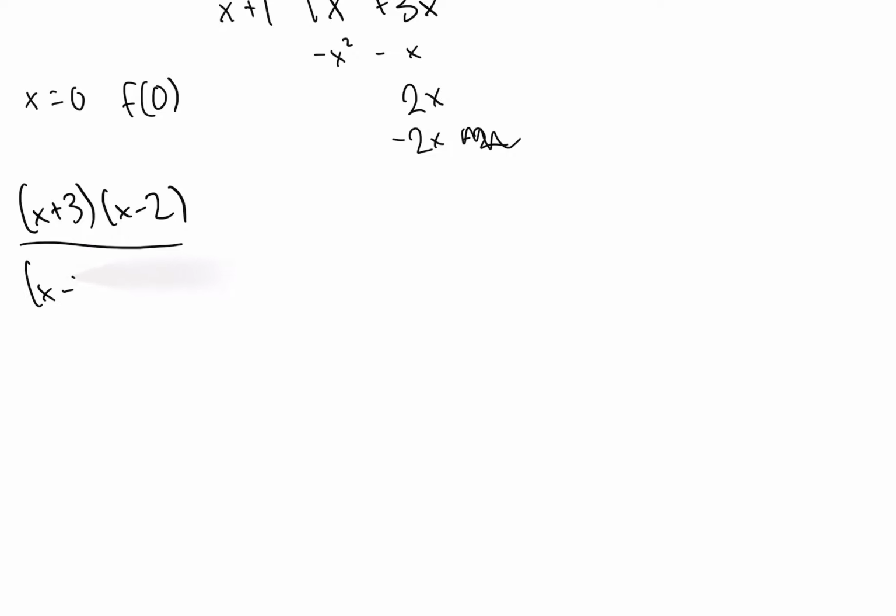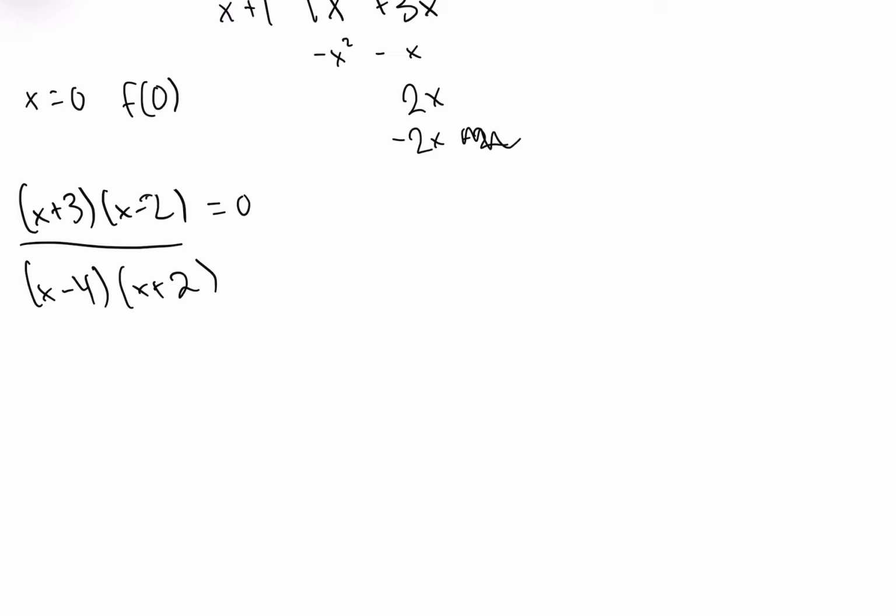To find out the zeros in the function, you plug in the numerator after factoring everything out, set it equal to 0, and solve. And these will give you your x-intercepts.